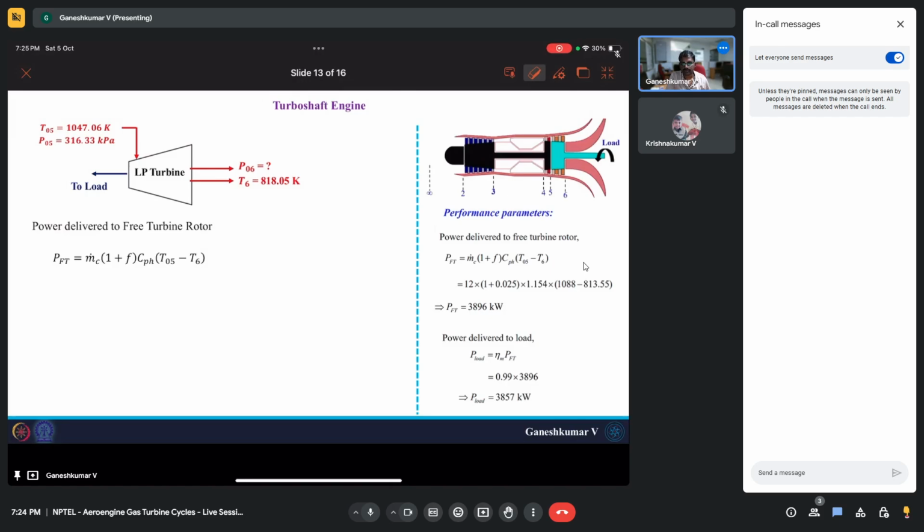That is straightforward. If you plug in these numbers, you will get 3.24 megawatts, which is less than what we got in the flying condition. So ideally, in reality, you will not.